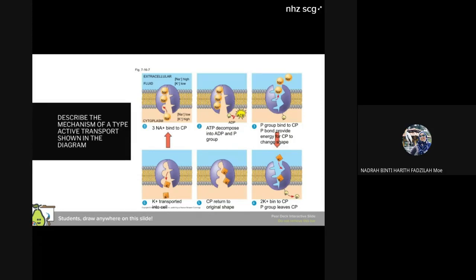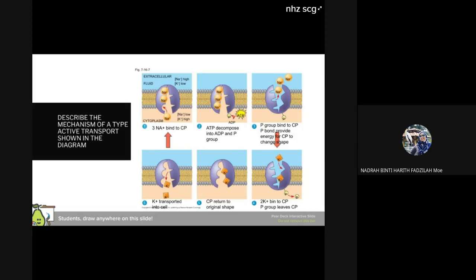Dekat bahagian dalam sel only have 2 potassium ion, 2 positive. So when there is a difference in charges, barulah electrical impulse can move from one neuron to another. But we don't discuss this particular process further when we talk about the human nervous system. Kita tak cerita pun. So kita cerita habis kat sini saja.